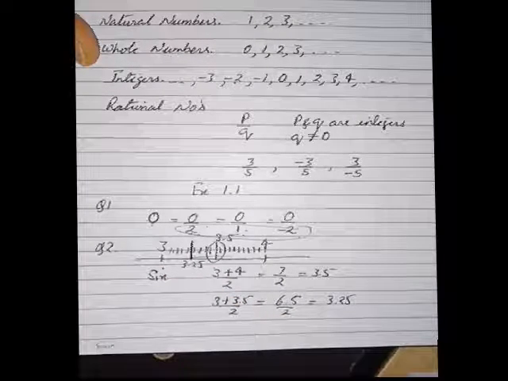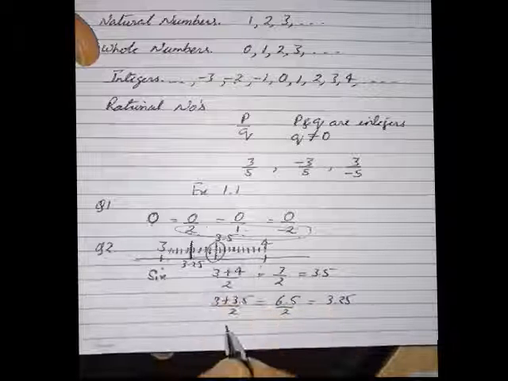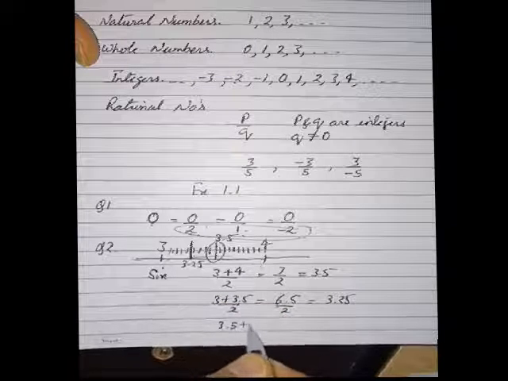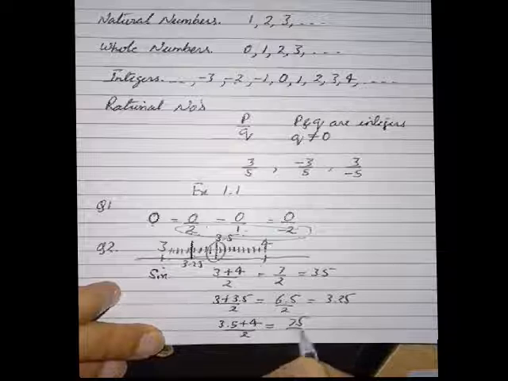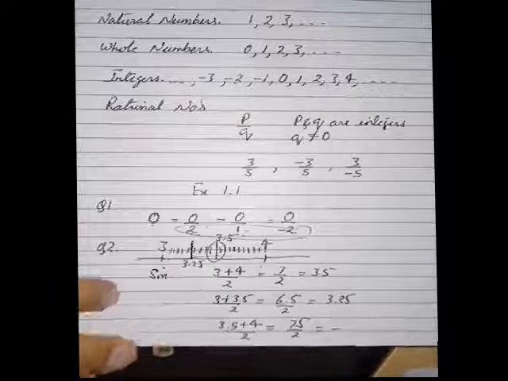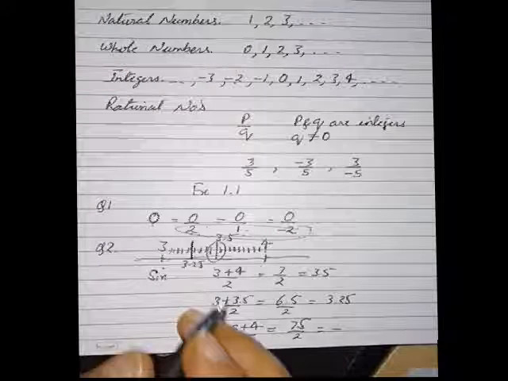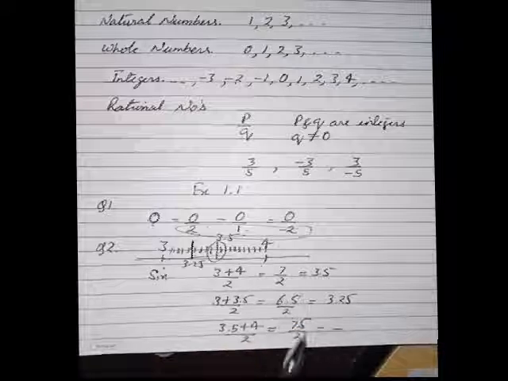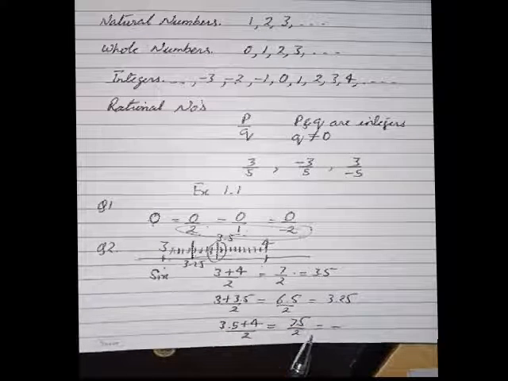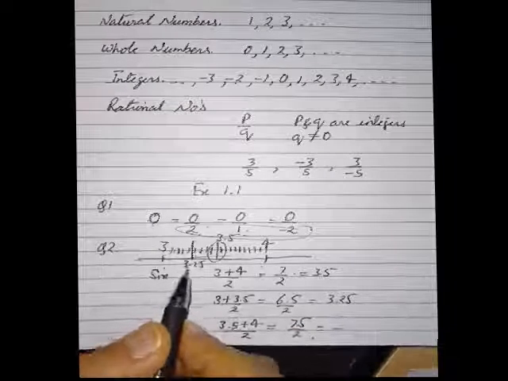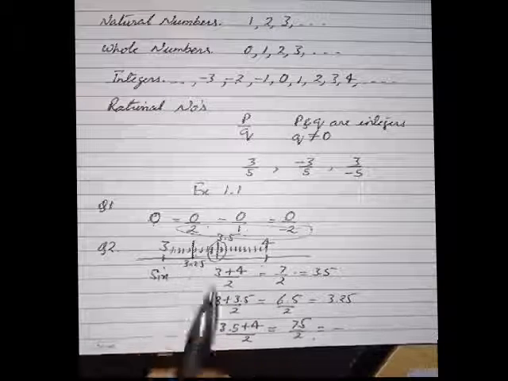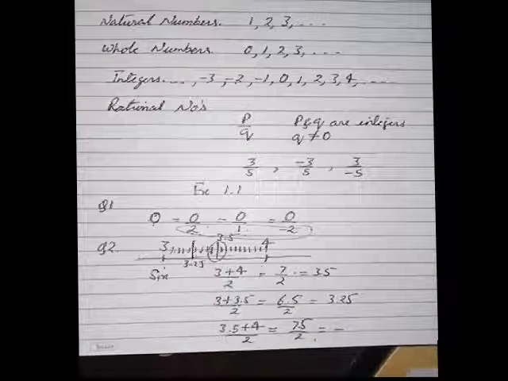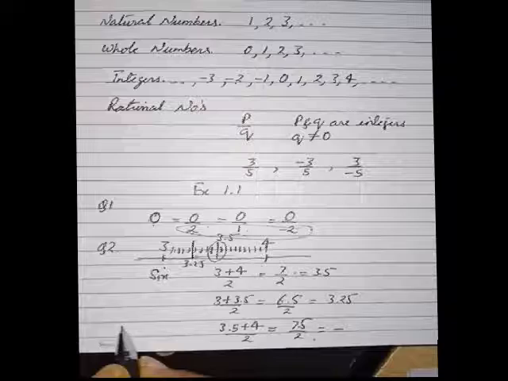Then between 3.5 and 4, it gives 7.5 divided by 2, and you will get the answer. This gives you 3 values. We require 6. Next can be calculated between 3 and 3.25, and then 3.25 and 3.75, and so on. The remaining parts you have to do yourself.